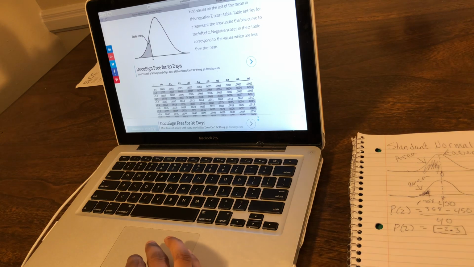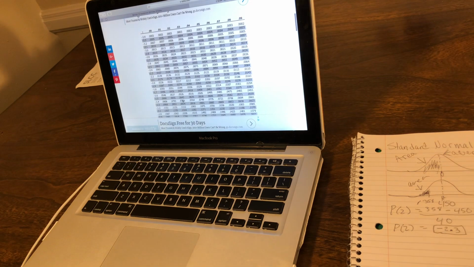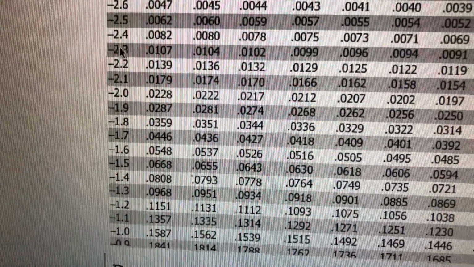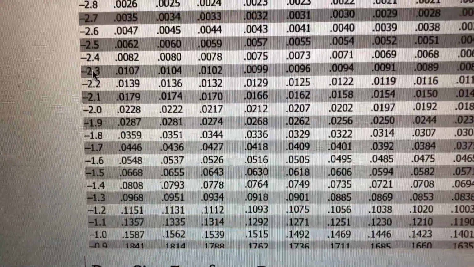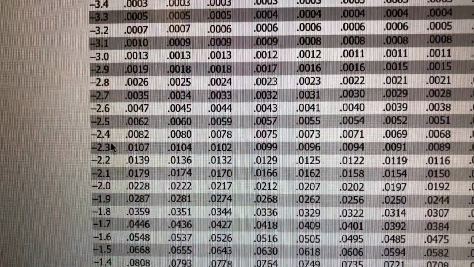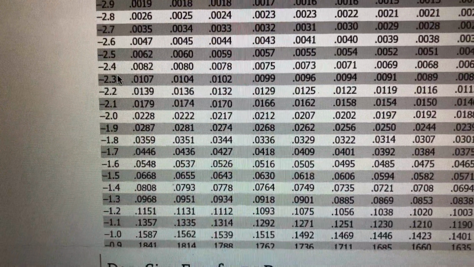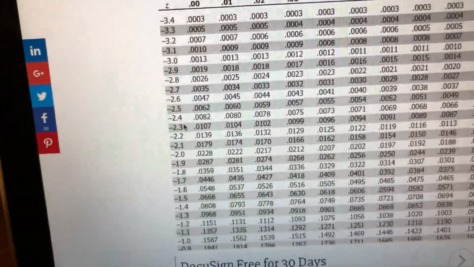Negative 2.3. All right, let me show y'all this. See, so negative 2.3 is 0.0107.